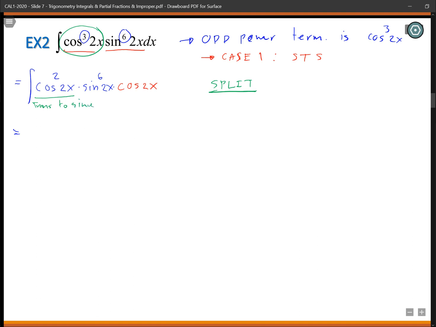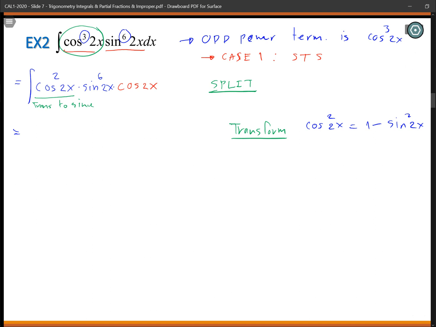Alright, so this is the second step. Transform. To transform cosine to sine, we just use this property, which is cosine 2x squared equal to 1 minus sine of 2x squared.